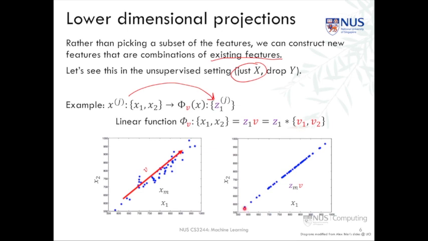As you can see here, what we'll end up getting is a representation just along the v vector itself times a coefficient, where we recover a point which is the closest point on v to the original x. We're going to use the same v value for all of the points. As you can see here, all of the m points that were in the original data space are now mapped to this single dimension.